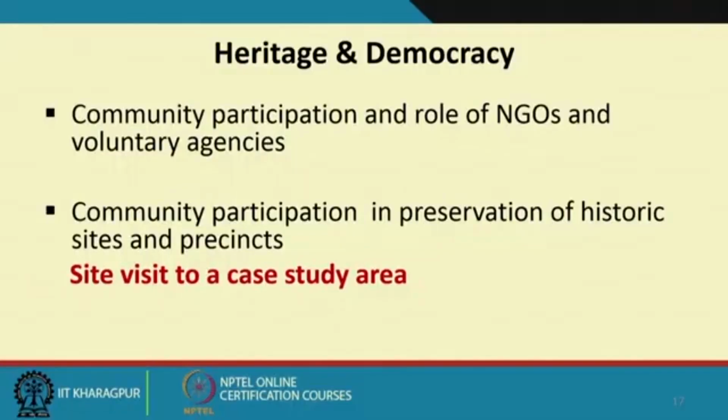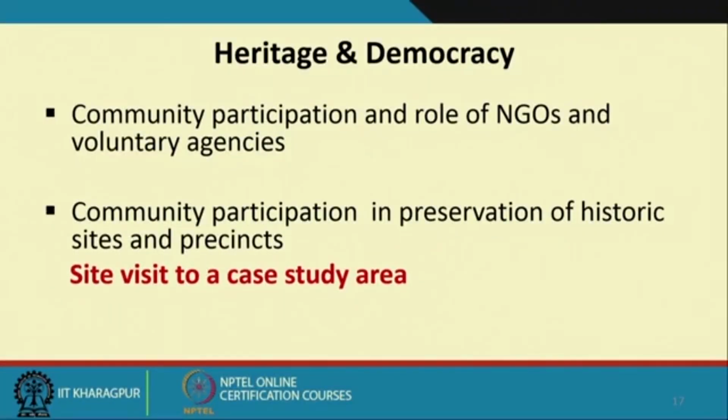How do we present this interpretation to an illiterate person, with the different levels? This is a very important aspect of heritage preservation. So we will talk about interpretation and presentation with some case studies.